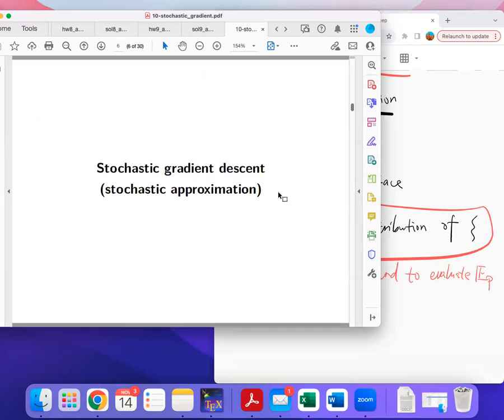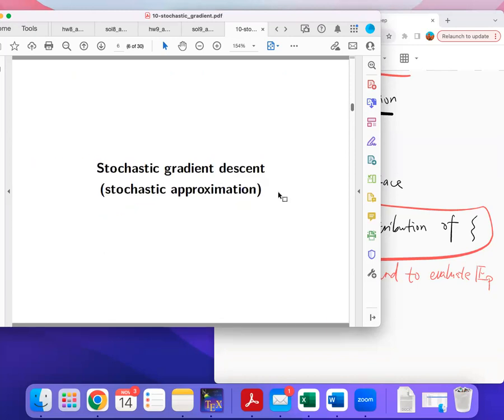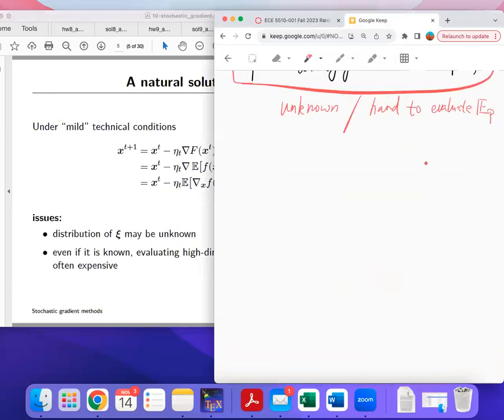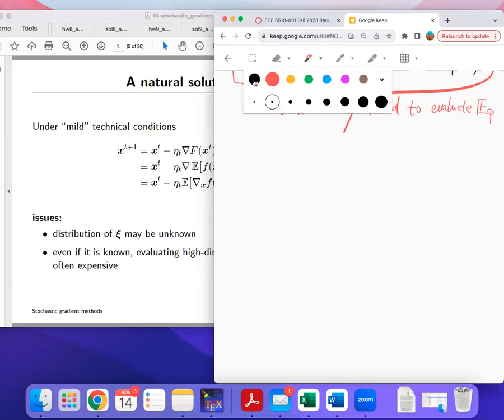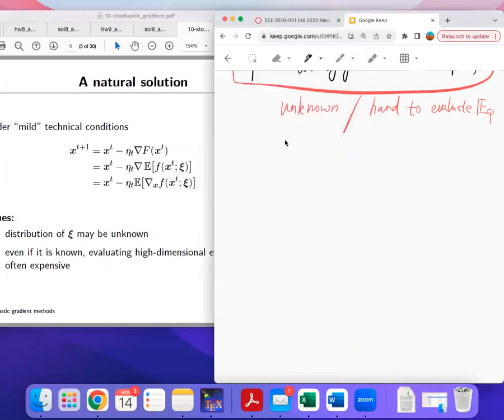So we call this stochastic approximation. Today I can briefly highlight the idea.